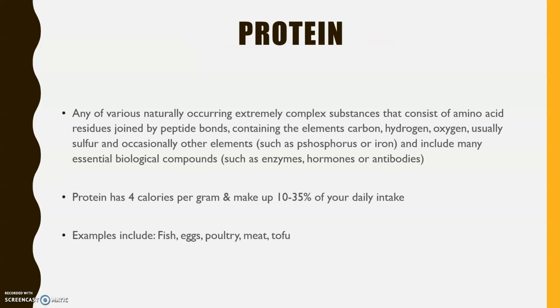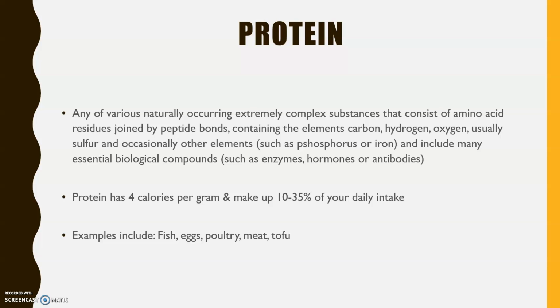Protein, most people think of protein powder, it could be chicken, tofu, turkey, any meat, eggs, fish, all those things count for protein. There's peanut butter too, but peanut butter also has fat.